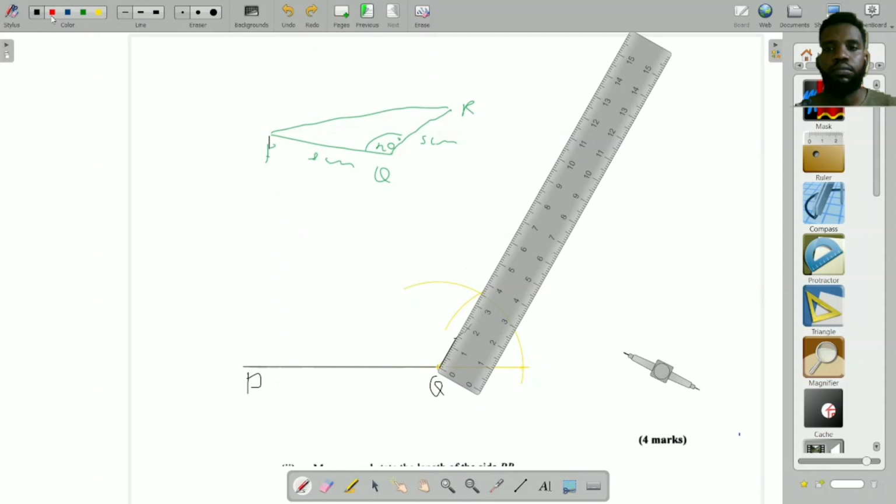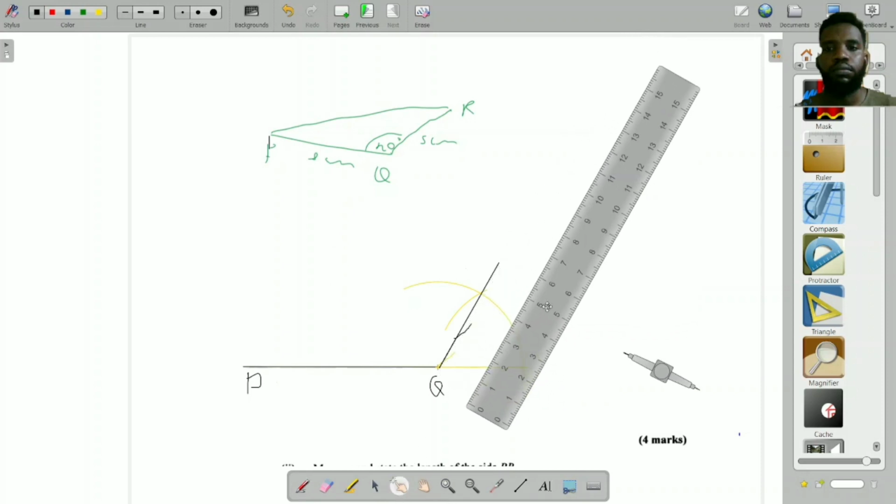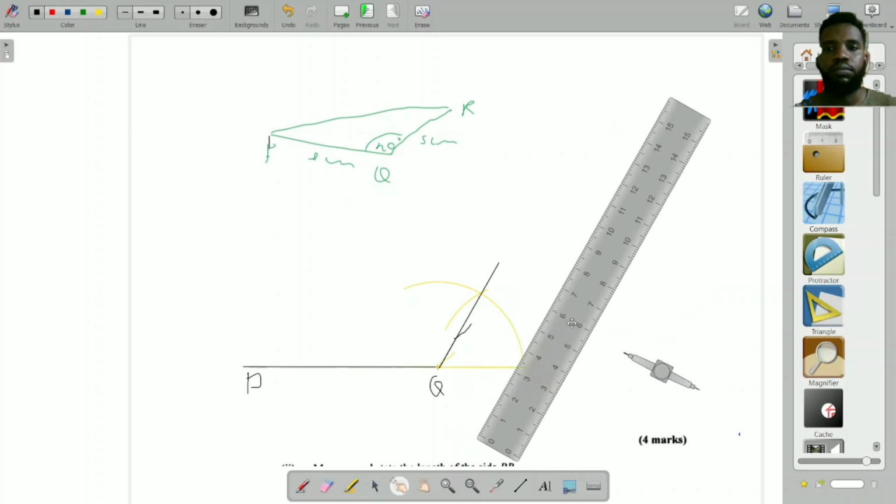Alright, Control Z. This is going off a bit. Let me go again. Exactly 5. Right, that's it. So let's move this now and see what happens.